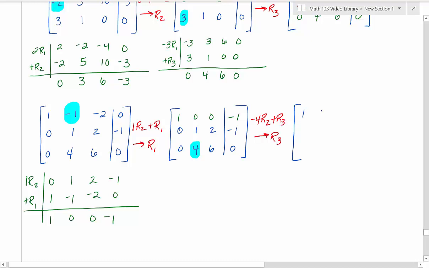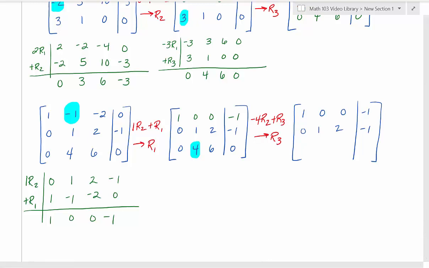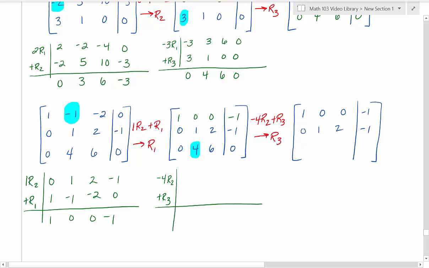I'm going to write down rows 1 and 2. And then we can do our side work for our new row 3. It's going to be -4 times row 2, adding it to row 3.